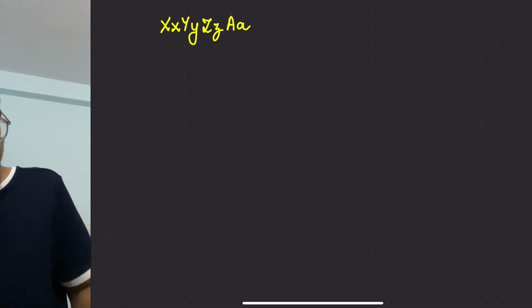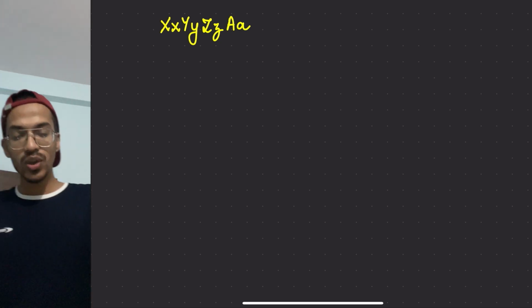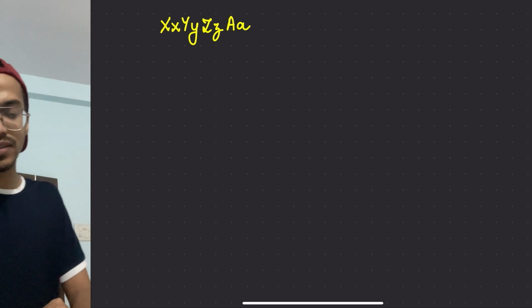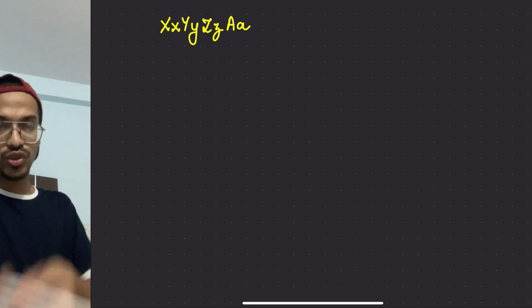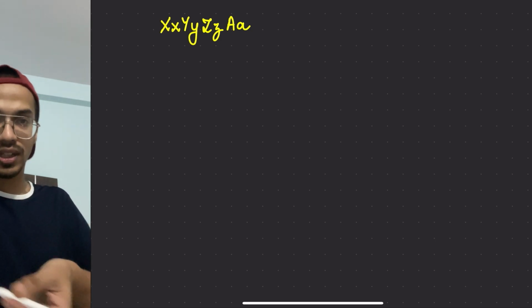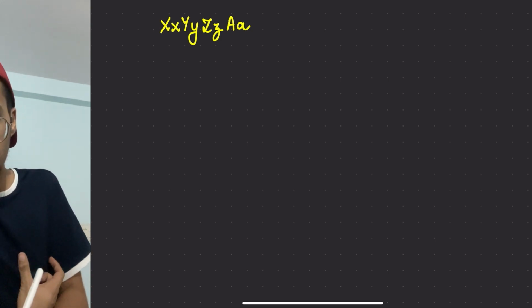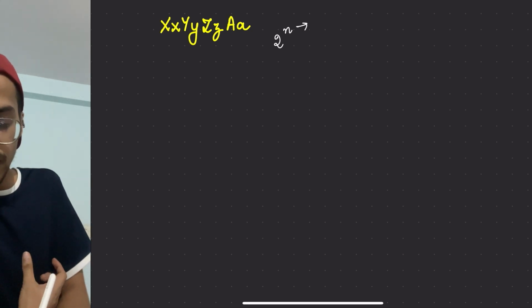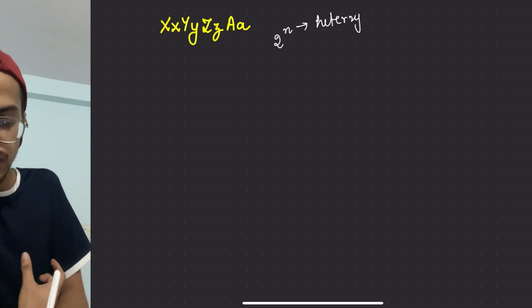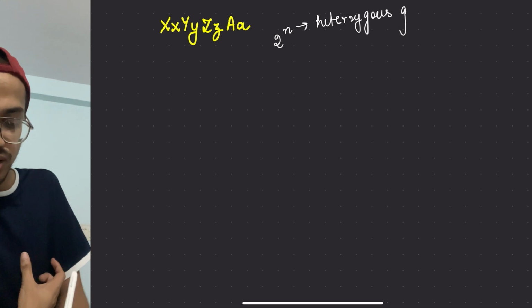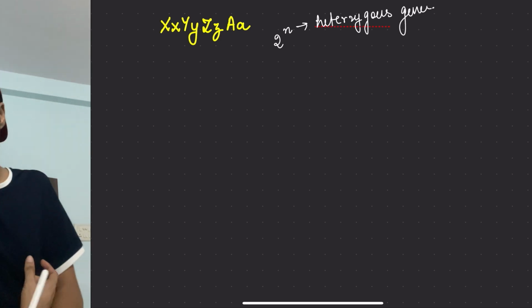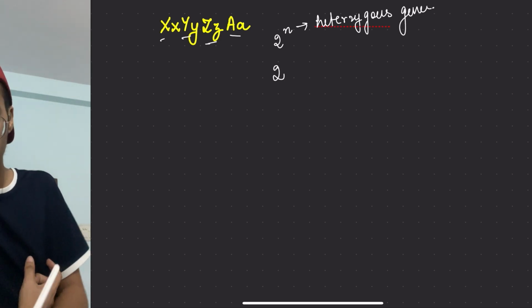Now how many gametes would be possible? I told you that to find the number of gametes possible for organisms with a particular type of genes, it would be 2 raised to power n, where n is the number of heterozygous genes. So that is 2 into 1 2 3 4, that is 4.